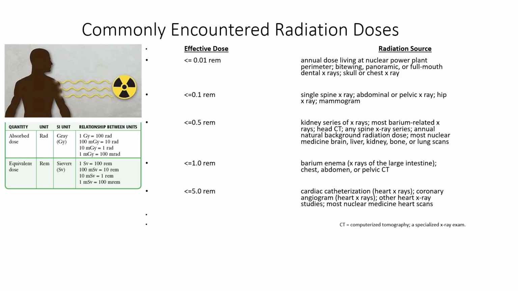The difference between a Rem and a rad is that Rem is equivalent dose and rad is absorbed dose. So just like we compare Rem and Sievert, we compare the rad or absorbed dose to the gray or the milligray when we talk about the international system of measurement.